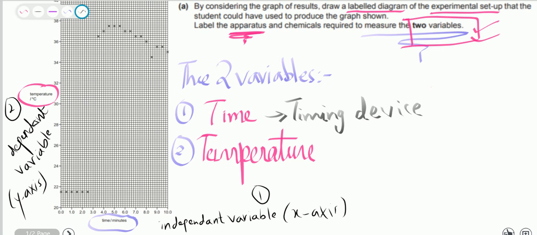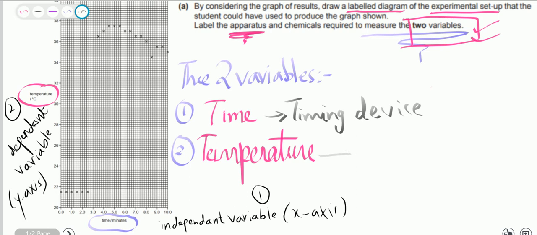When you start it, you can see the first second has passed, the second second has passed, the third, the fourth, and every time each second passes, you can take the readings for the temperature accordingly.